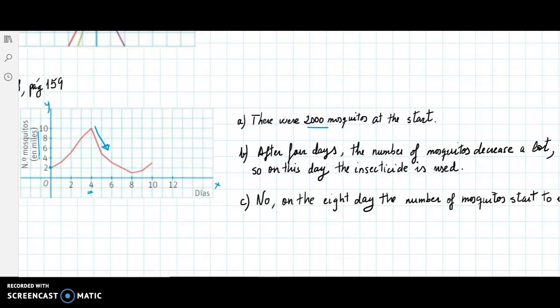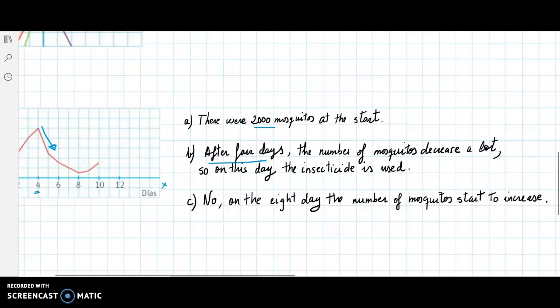So we have to suppose that on this day, the 4th day, or after 4 days, the insecticide was used to eliminate the mosquitoes. After 4 days, the number of mosquitoes decreased a lot. So on this day, the insecticide was used.